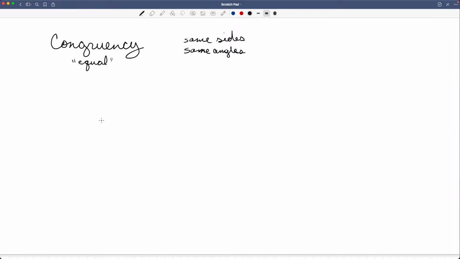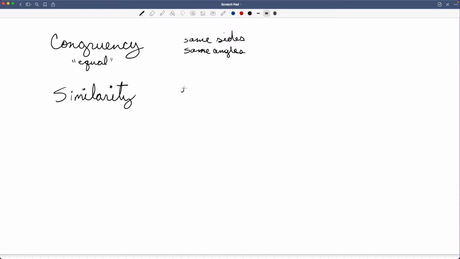Then we have something called similarity, which we've talked about before in regards to similar triangles and similar shapes. Similarity is not the same as congruency.